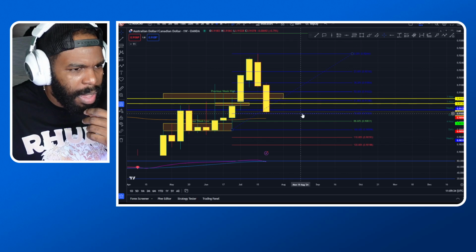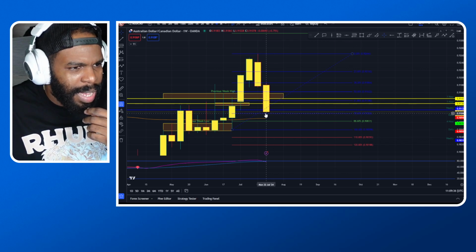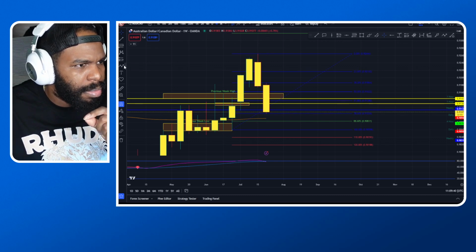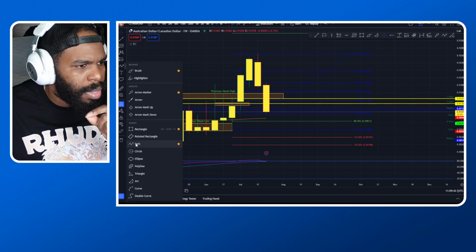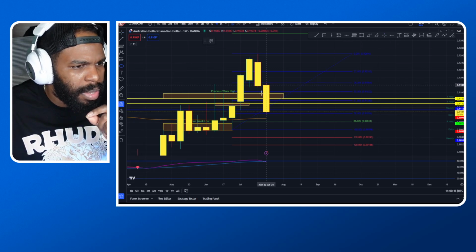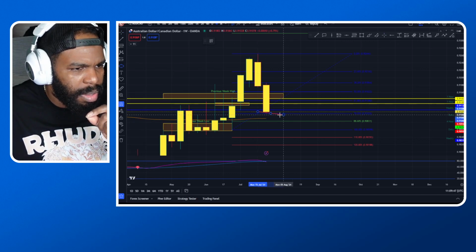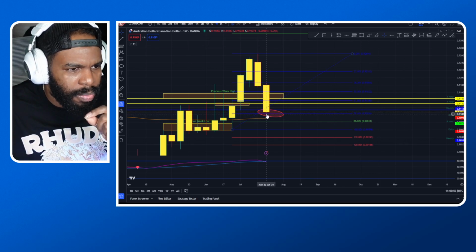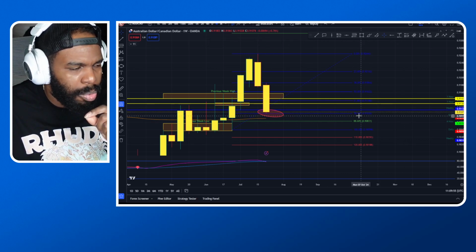I don't know if you guys can see that, but price is kind of a little bit rejecting that area. I'll show you what I'm talking about. This area right here is kind of rejecting. Where it's at right now is rejecting the 78.6 Fibonacci retracement level.